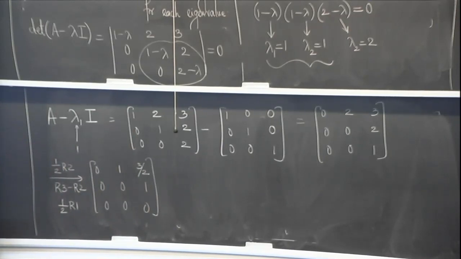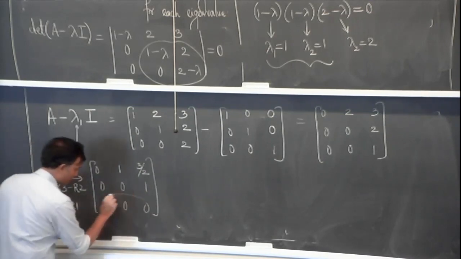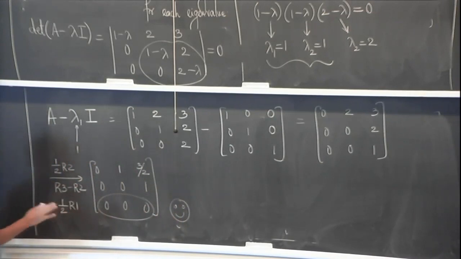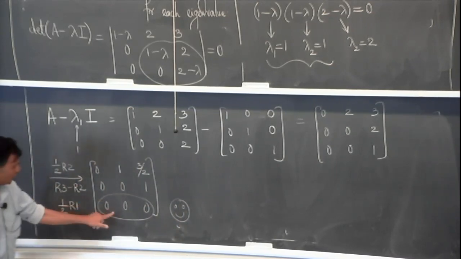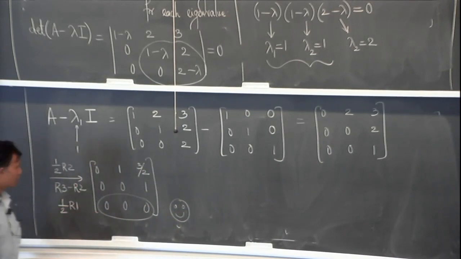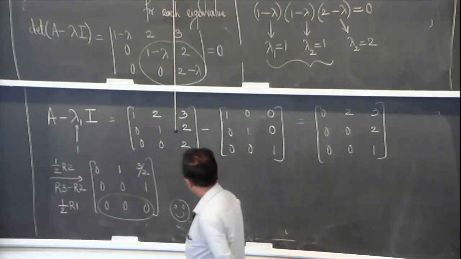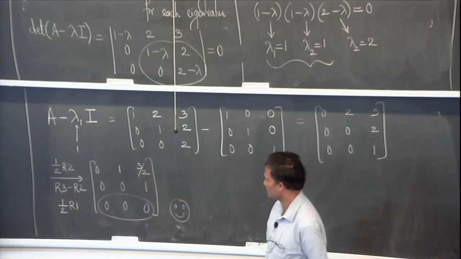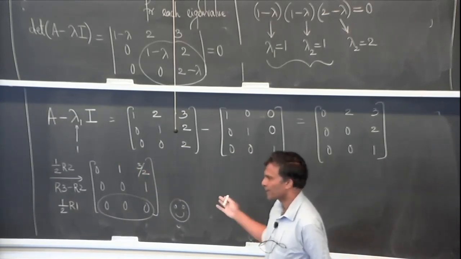So we are happy there is a row full of zeros here. If you don't have this, that's a big deal, because then we don't know what has gone wrong. Maybe you copied the matrix wrong or something has not worked out right. Now, which variables are basic and which ones are free here?